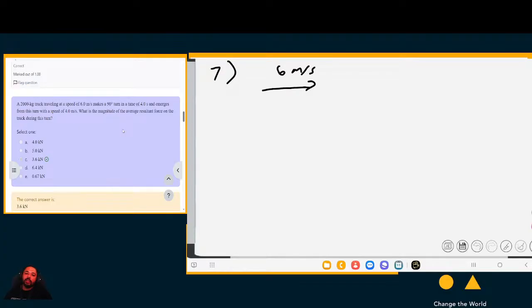It makes a 90-degree turn. So it's traveling this way, then it starts going this way. A 90-degree turn in a time of 4 seconds.